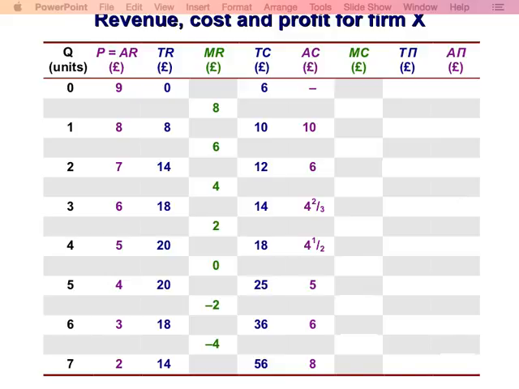So that's the next column that we have. And marginal cost is then the cost of an additional unit again. So all the marginals are the result of additional units, whether it's revenue or cost.